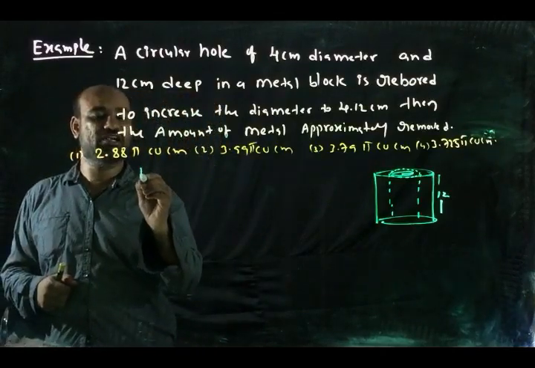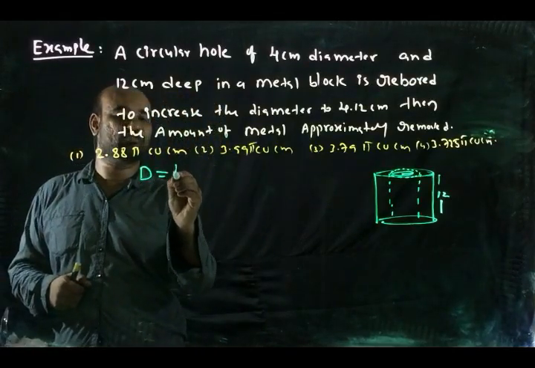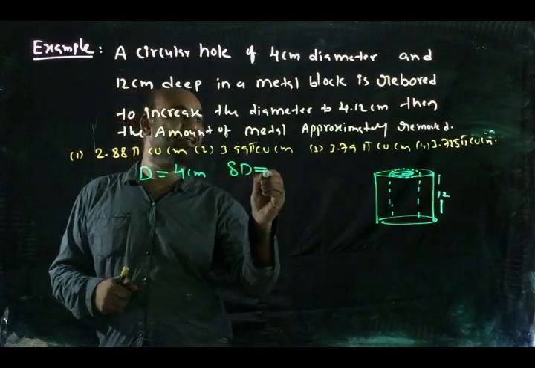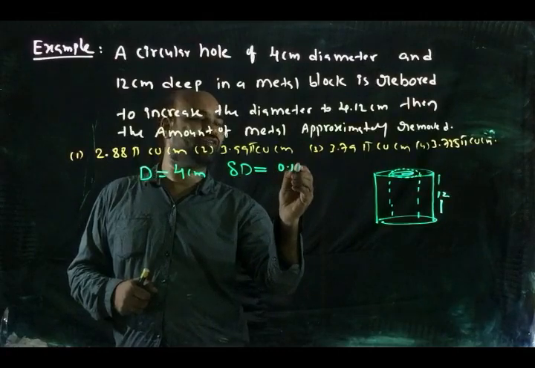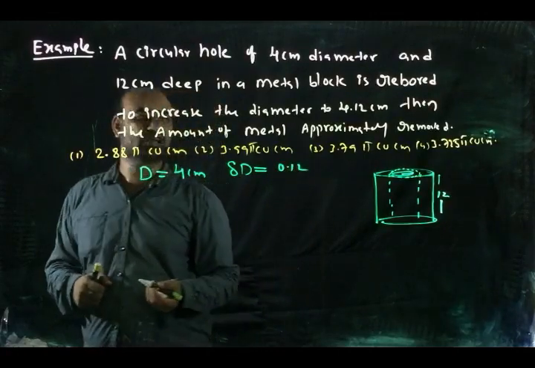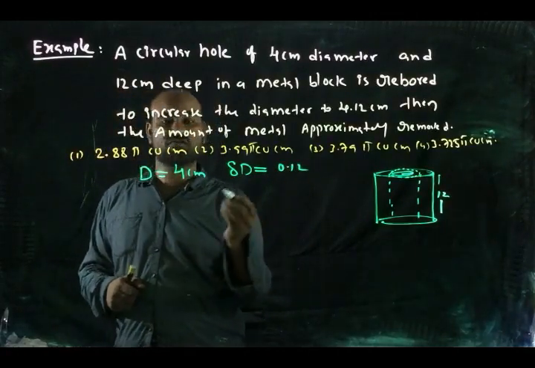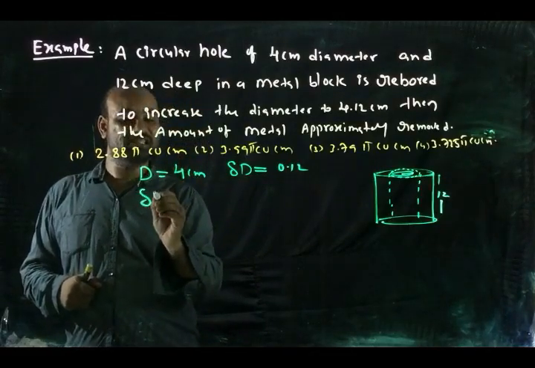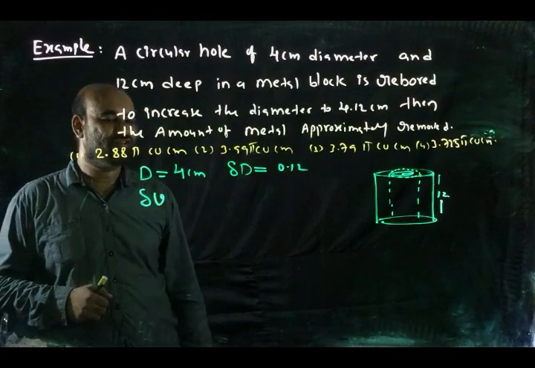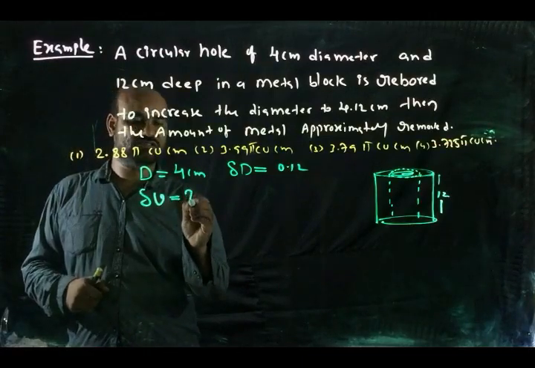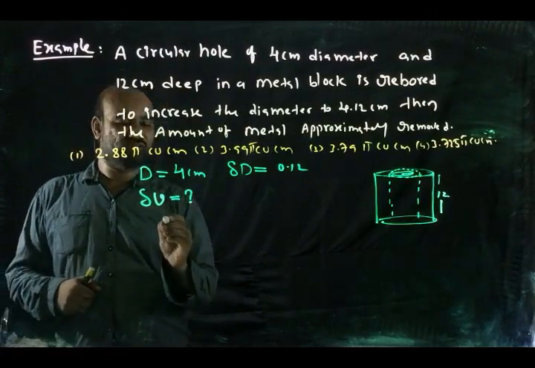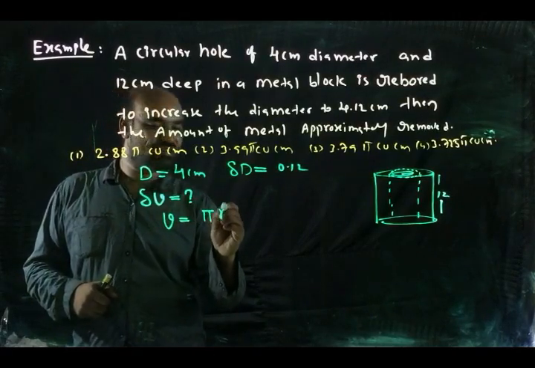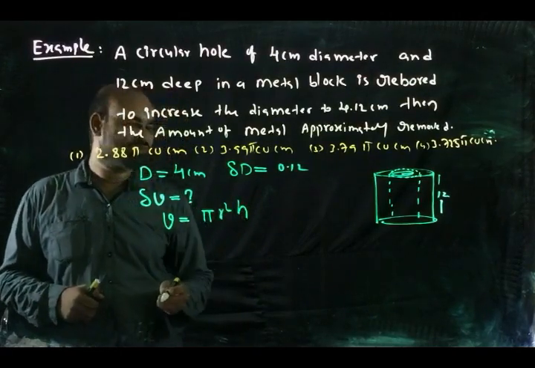So diameter D is equal to 4 centimeter. Error in diameter, I can say, is 0.12, the increase in diameter. So we want to find how much metal is removed, so we should find delta V. Volume of the cylinder is equal to pi r square h.